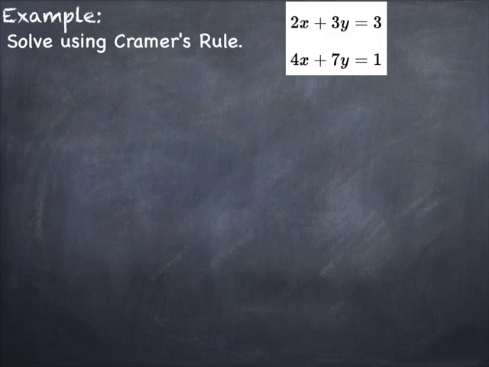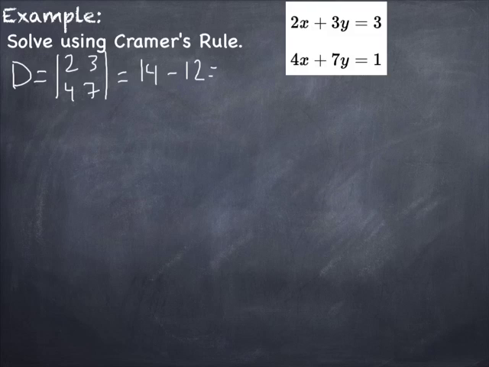Let's try this again. Same setup, same everything, we just find the determinants, and we can then do the division. So when we do that, we get D is 2, 3, 4, 7. 2 times 7 is 14. 4 times 3 is 12.